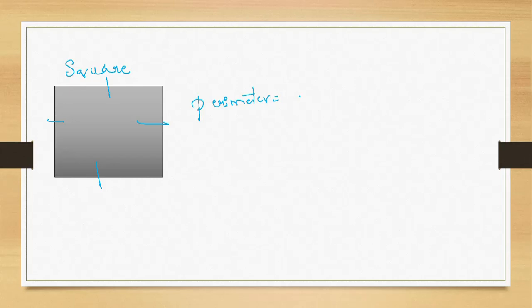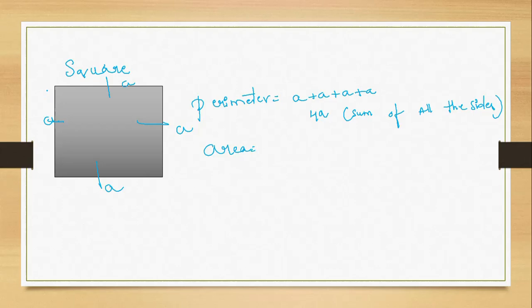For example, if this is a, this is also a, this is also a, because all the sides are equal. The sum of all the sides is 4a.